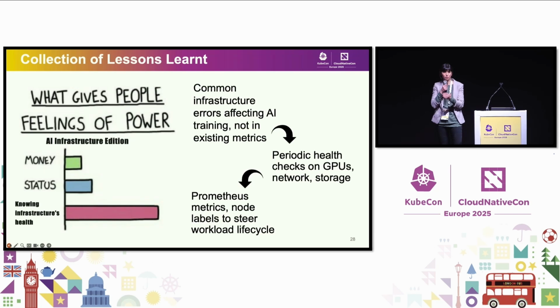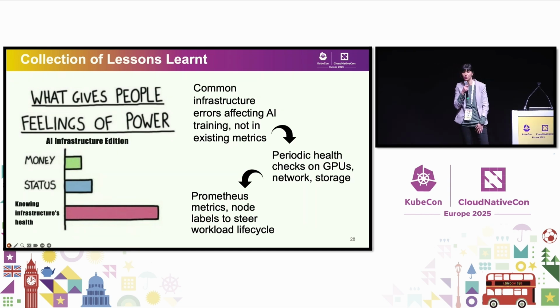But if you look at the metrics that are exported regularly by the native operators, you would see that everything is fine. Until there is a real hardware crash, you don't really see some of the aspects that are degrading the performance of the training job. And not only training jobs, also, of course, fine-tuning and inference are impacted.